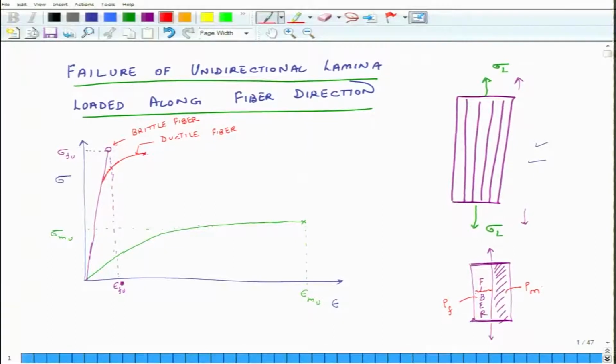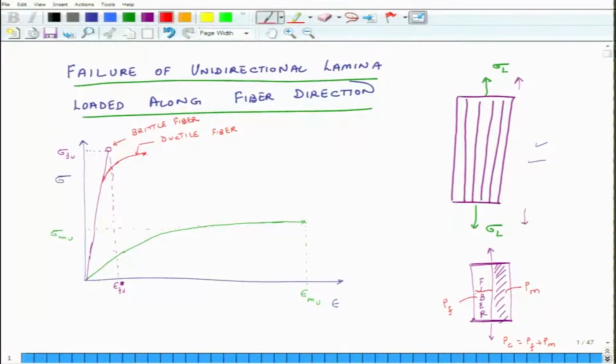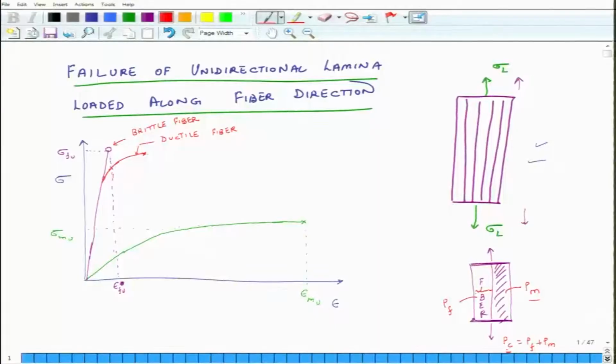If I add these two together, then P composite is equal to Pf plus Pm, right. Initially, as I keep on pulling it, there is load in the fiber and load in the matrix, and the sum of these loads is equal to the load in the composite, Pc.